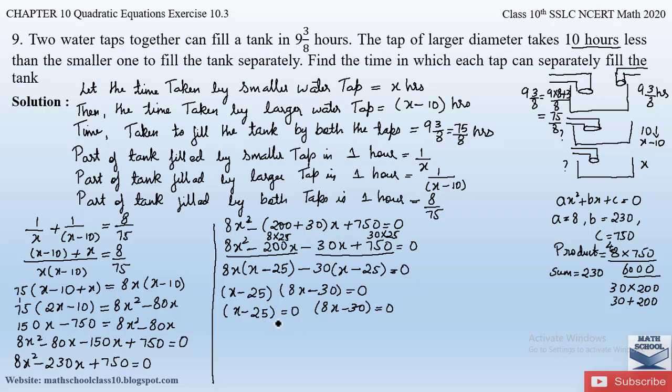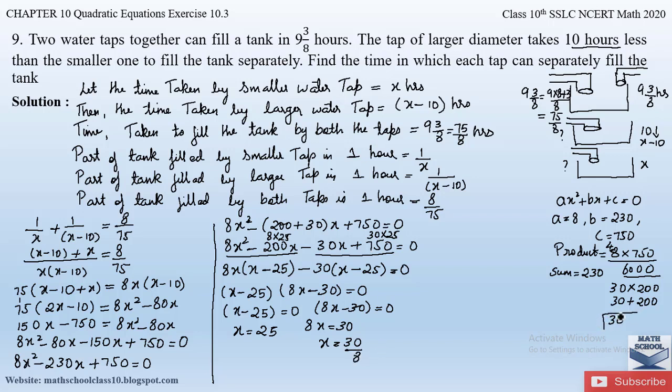Now sending this minus 25 to the right hand side, we will get x is equal to 25. And here you will get 8x is equal to minus 30, which on the right hand side will become plus 30. Now we can simplify this further as x is equal to 30 divided by 8. Now what is 30 divided by 8?